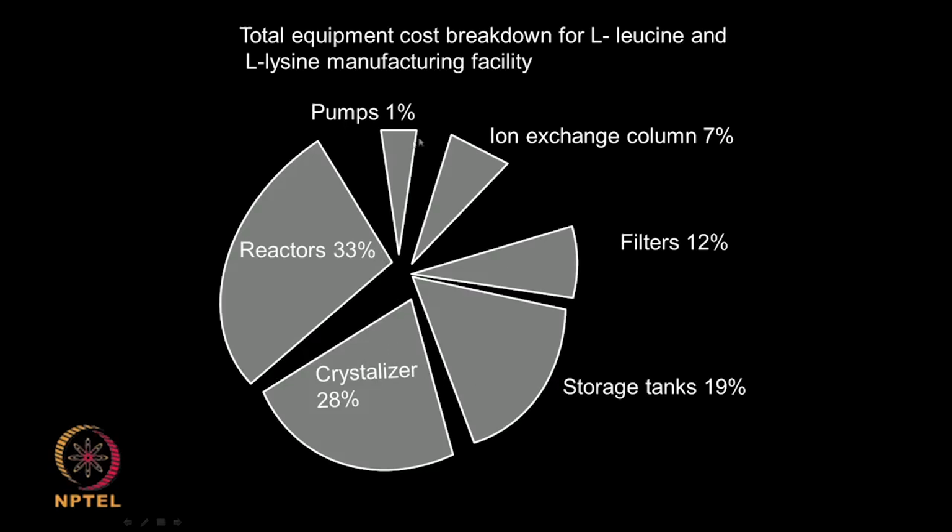So, predominantly the equipment cost is because of the downstream. The reactors take only 33%, the remaining 67% is because of the various downstream steps: filters, ion exchange columns, storage tanks, crystallizers, and so on. So, if I can optimize these, I will be able to reduce the total equipment cost.